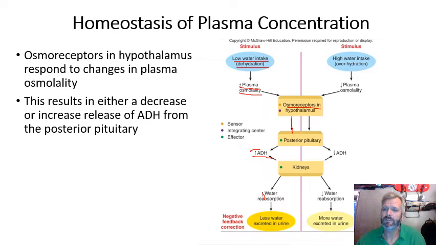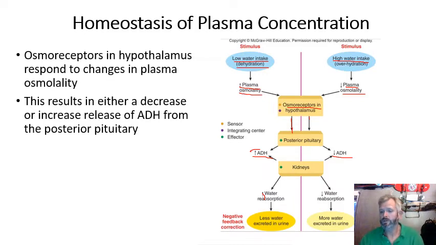On the opposite end, we have high water intake. Right? You scarf down a gallon of water just real quickly. What happens to your blood osmolarity? Now you're adding a lot of water into your blood plasma, and the plasma osmolarity will go down. All right, and now your osmoreceptors, hey, osmolarity is low. That should signal to decrease the release of ADH.